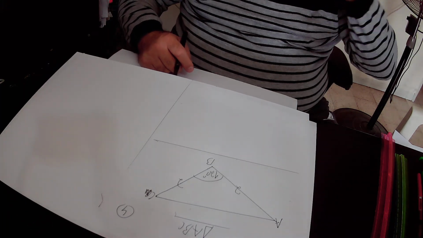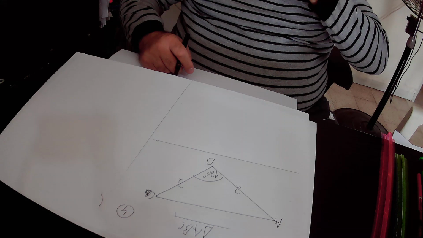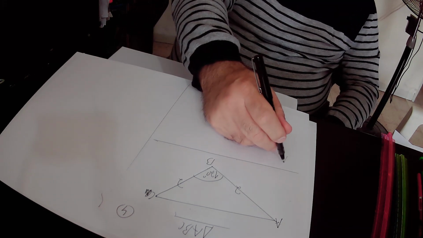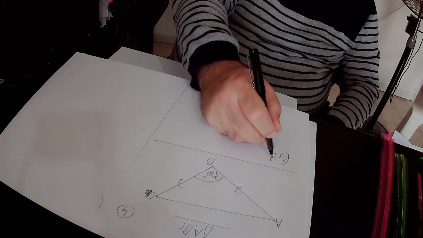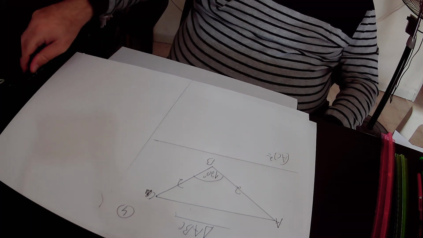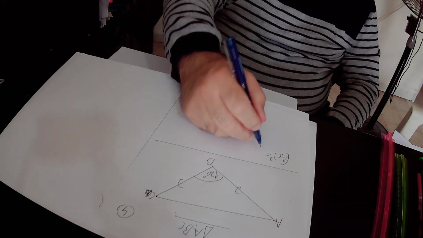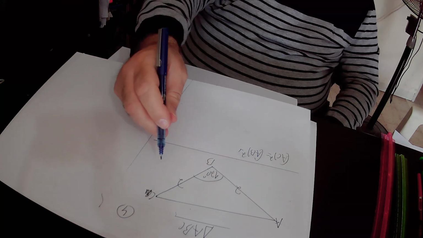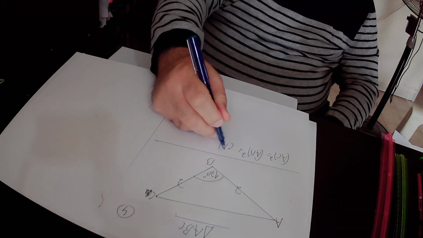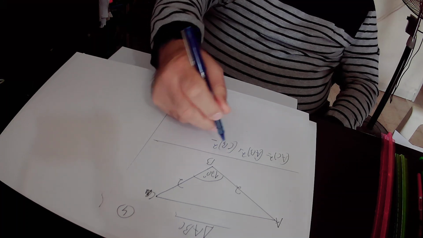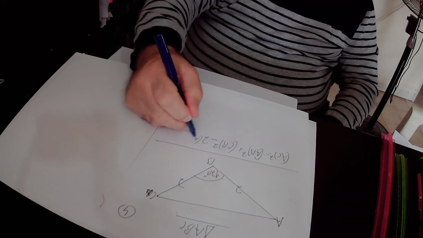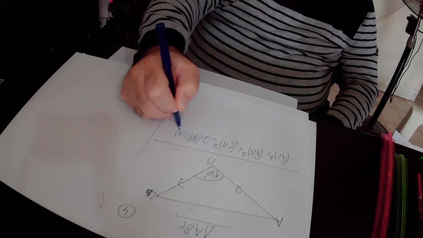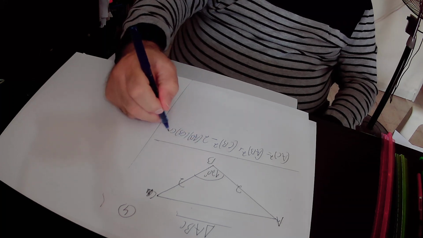So according to the law of cosines, we get that AC squared equals AB squared plus CB squared minus 2 times AB times CB times cosine 120 degrees.